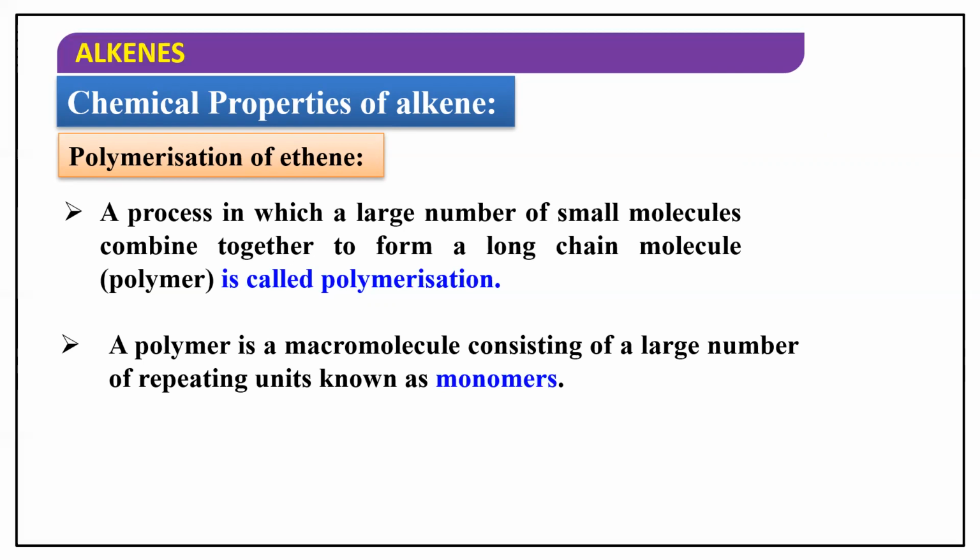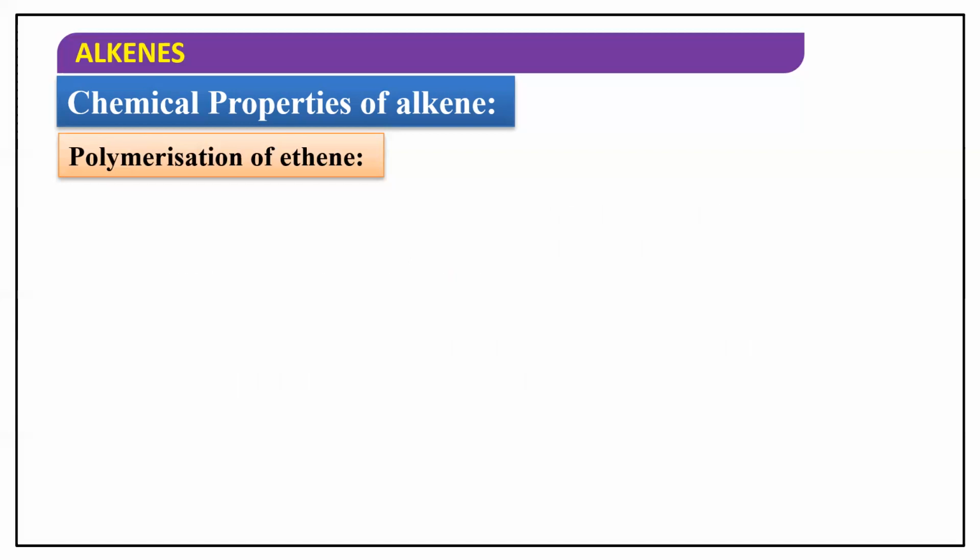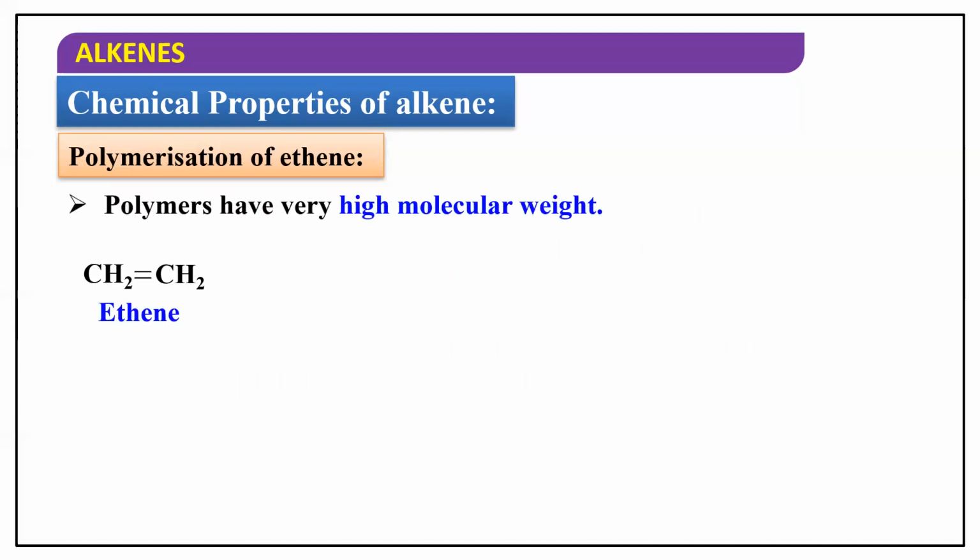Macromolecule means a big molecule consisting of a large number of repeating units known as monomers. Mono means one, mer means unit. So a large number of repeating units called monomers join together to form a long chain called a polymer. Poly means many, mer means unit. So let's understand how polymerization happens in ethene.